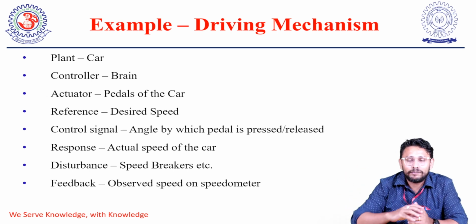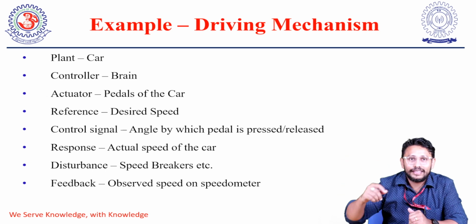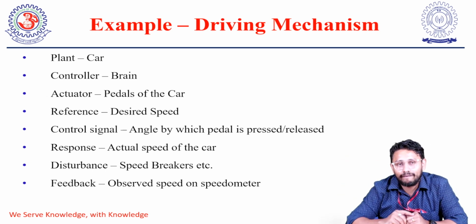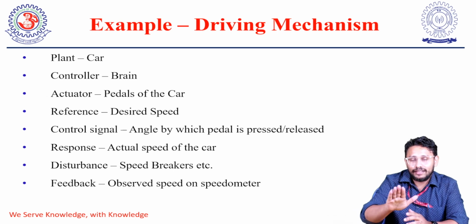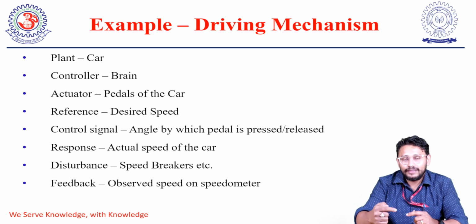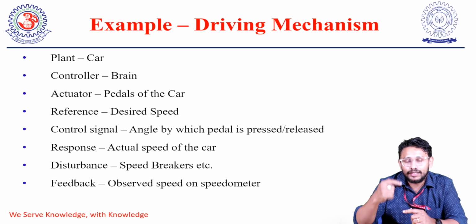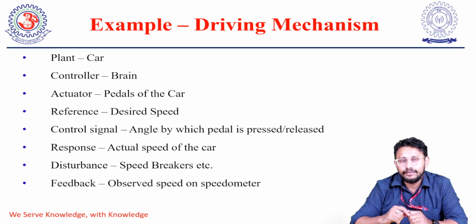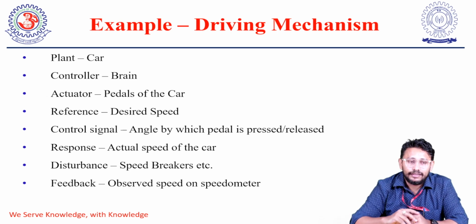In the fan-based mechanism, I can say that the switch is the actuator. For this example, the accelerator pedal of the car is an actuator because it is driving or injecting more fuel into the engine, and based on that, the speed is varying. The reference here is the desired speed.